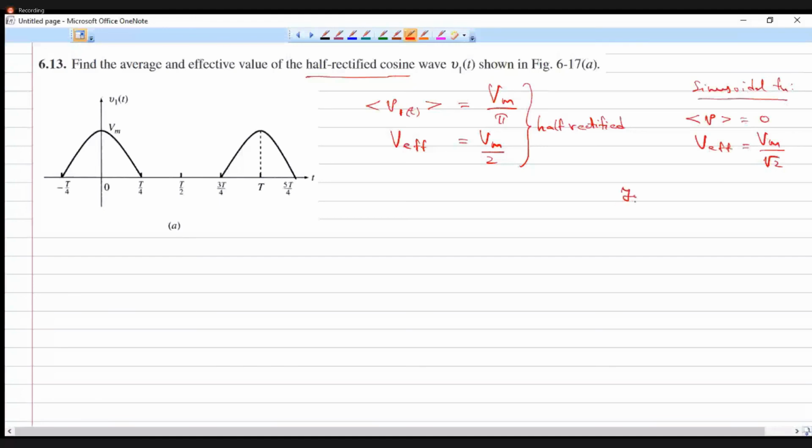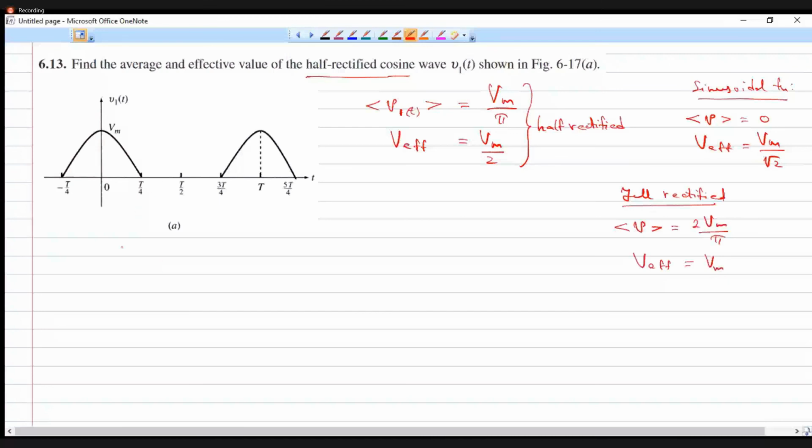And for full rectified, the average value will be equal to 2 Vm by pi, and the effective value will be equal to Vm. Okay, so this we can understand here.